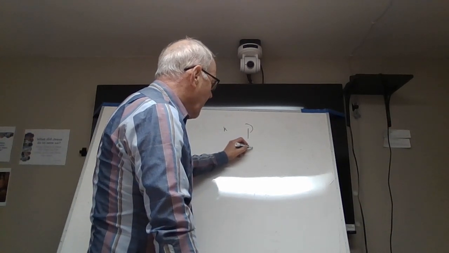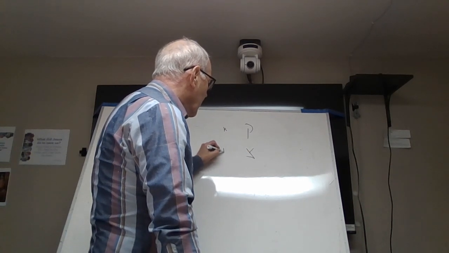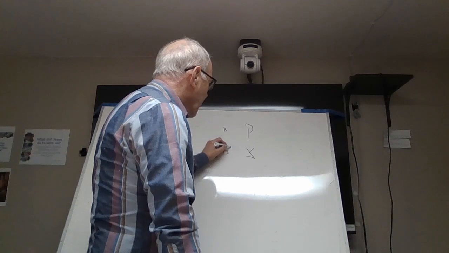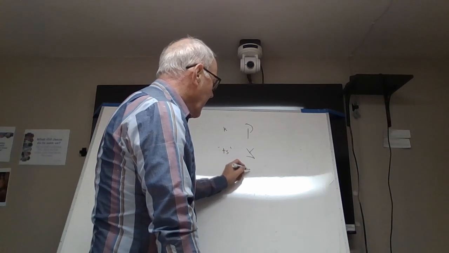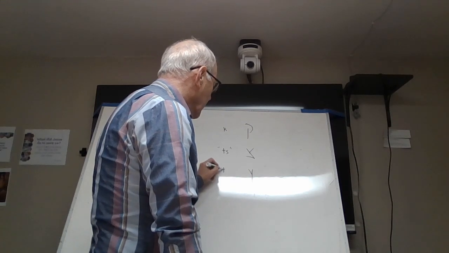Then we learned tzadi, which was ts. And if tzadi comes at the end of a word, we got a final form for it, which also goes ts.